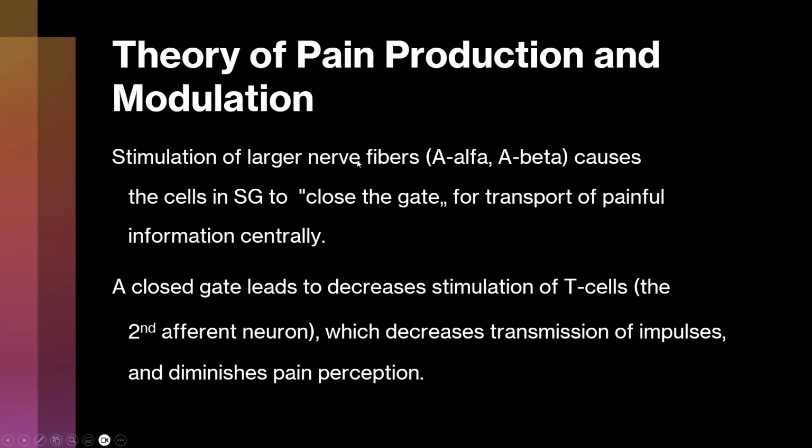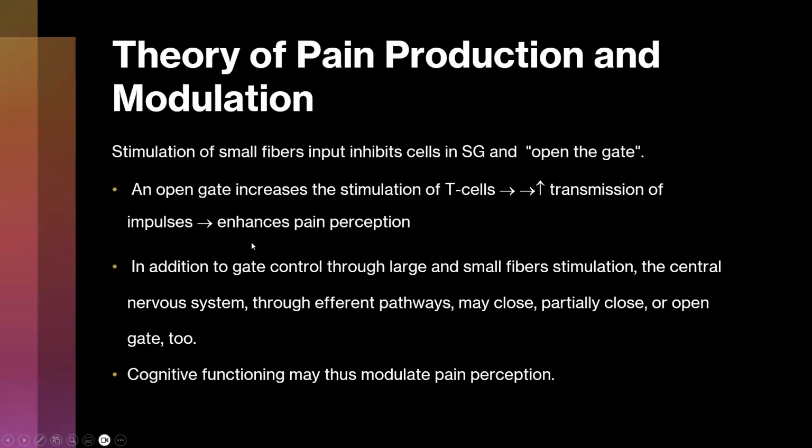Stimulation of larger nerve fibers, A alpha, A beta, causes the cells in the substantia gelatinosa to close the gate for transport of painful information centrally. A closed gate leads to decreased stimulation of T cells, the second afferent neuron, which decreases the transmission of impulses and diminishes the pain perception. Stimulation of small fiber input inhibits cells in the substantia gelatinosa and opens the gate.